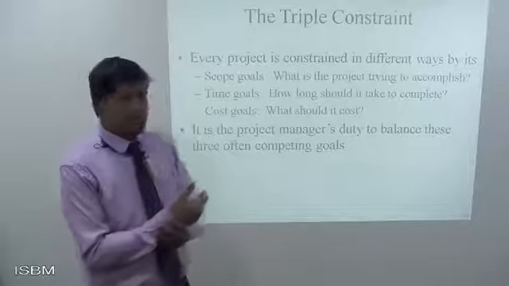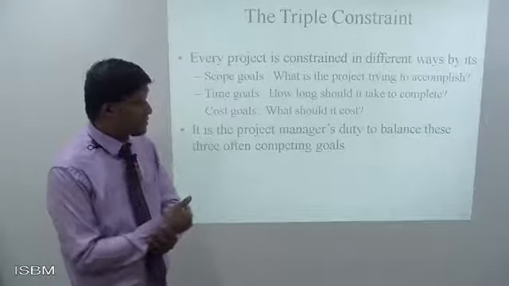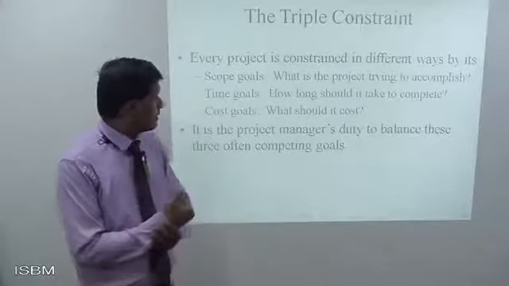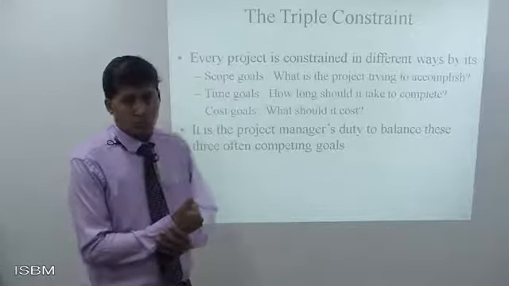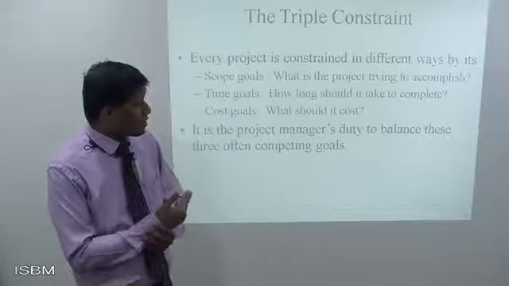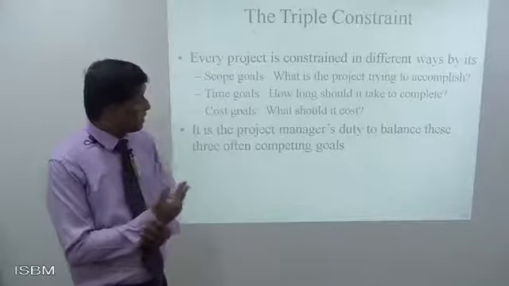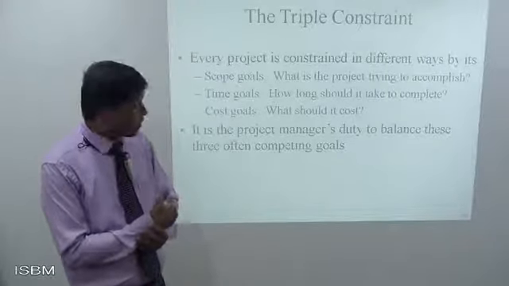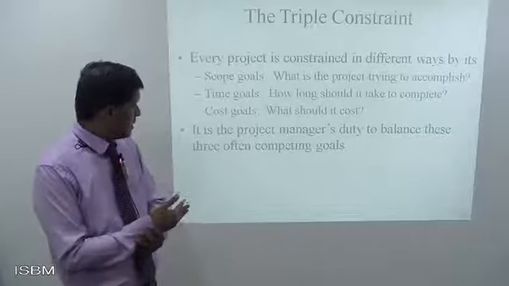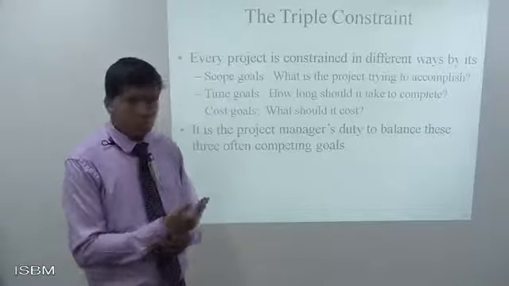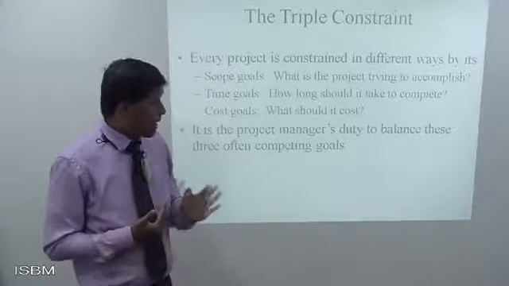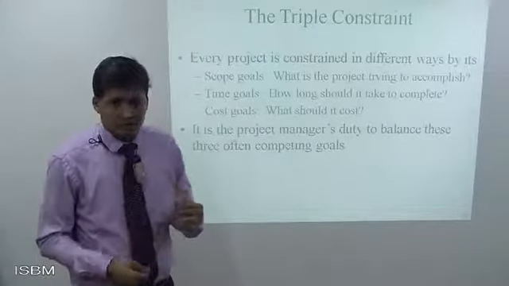So every project is constrained in different ways by its scope, time and cost goals. Scope goals are: what is the project trying to accomplish? Time: how long? Cost: what should it cost? So it is a project manager's duty to balance these often conflicting goals.